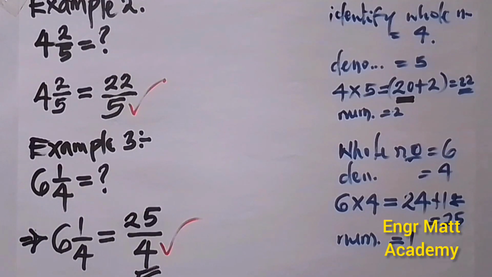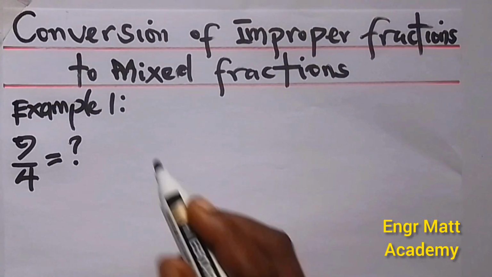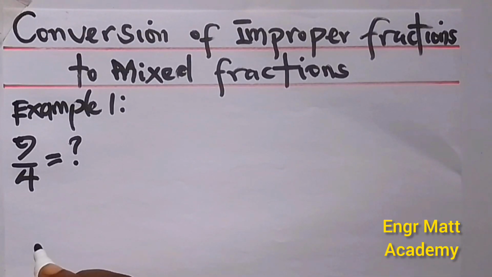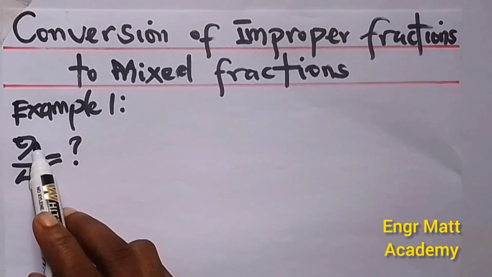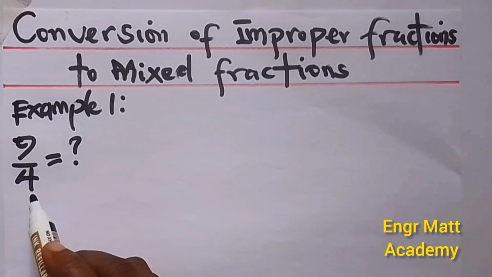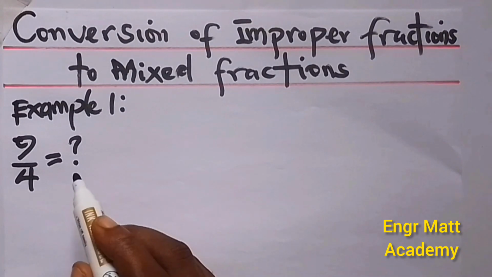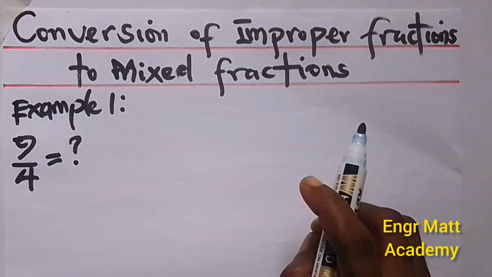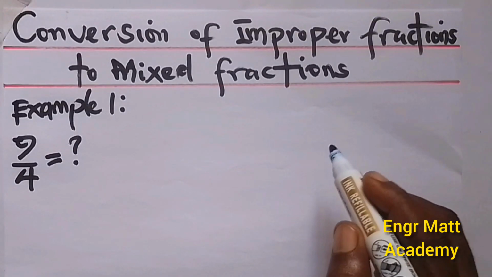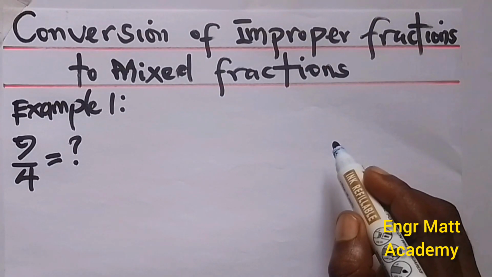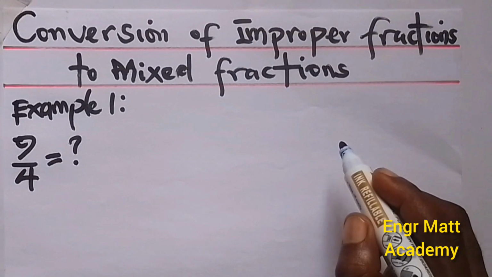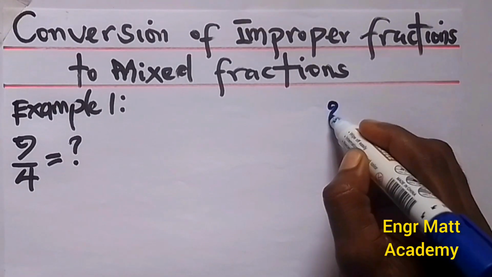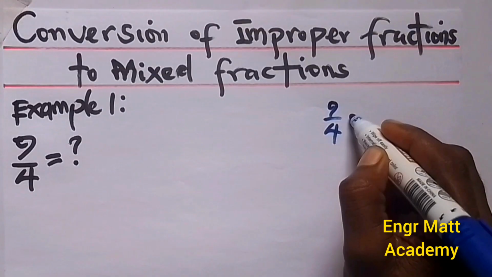Let's go there. Okay, let's use 9 over 4 as our first example. Remember, when the numerator is greater than the denominator, we have an improper fraction. So what is the rule in this case? We divide the numerator by the denominator. So it's 9 divided by 4.